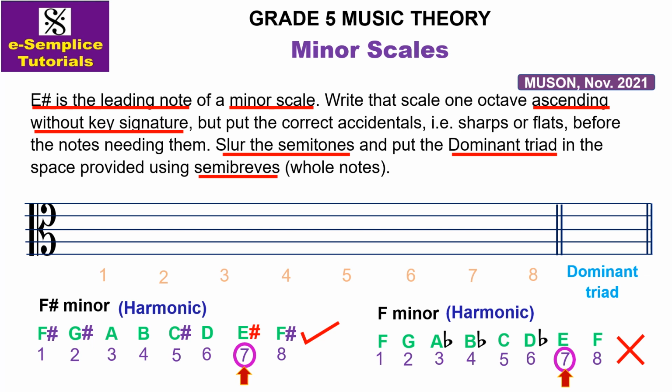So I'll start by putting 1 to 8 since it is ascending, and then I'll put these notes on the stave.